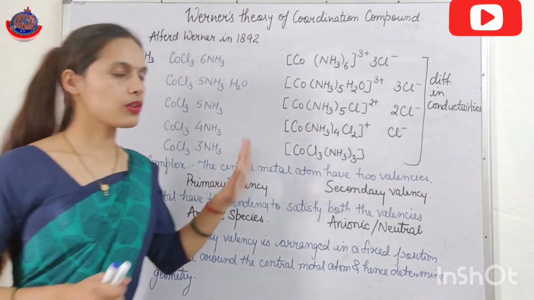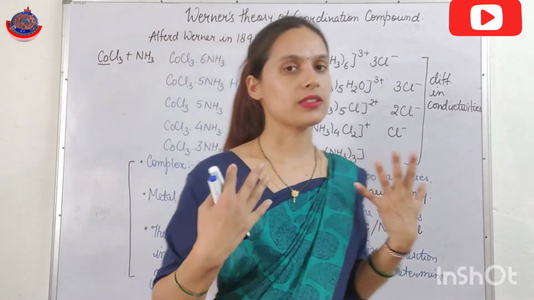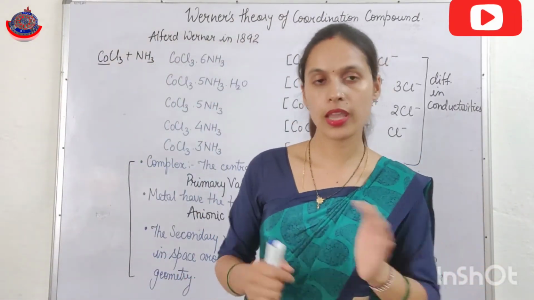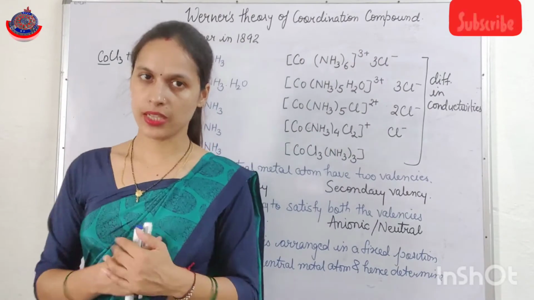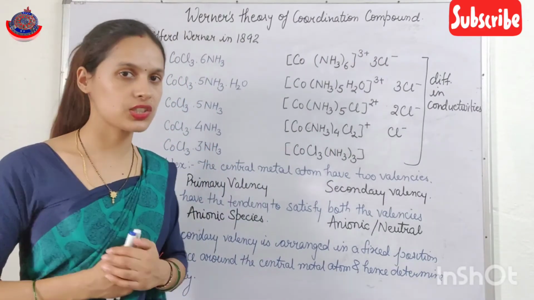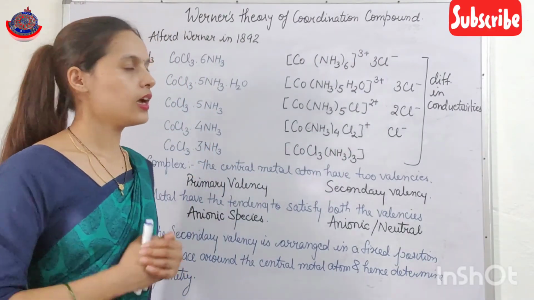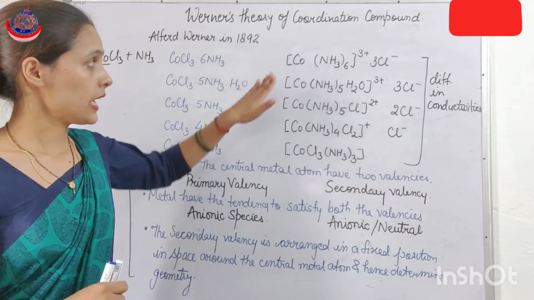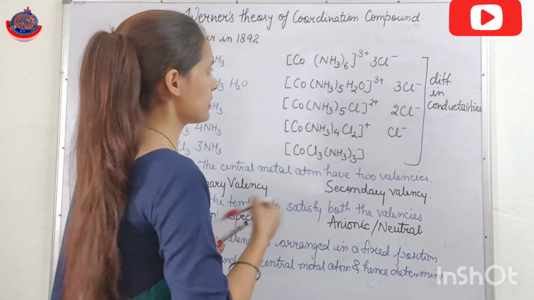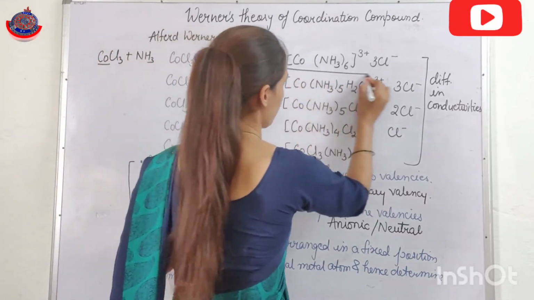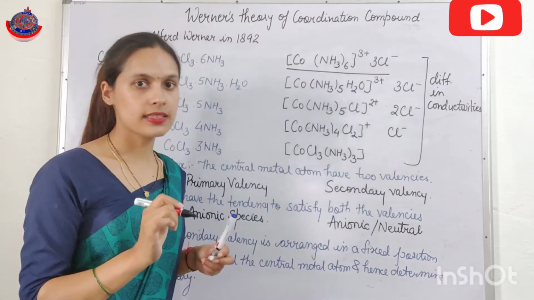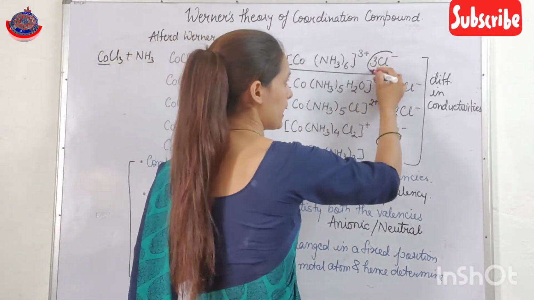Now, on the basis of the postulates and on the basis of the different studies, Werner observed something. What are those observations? First thing, if we look at this complex, in this complex, we get the property of the chloride ion.